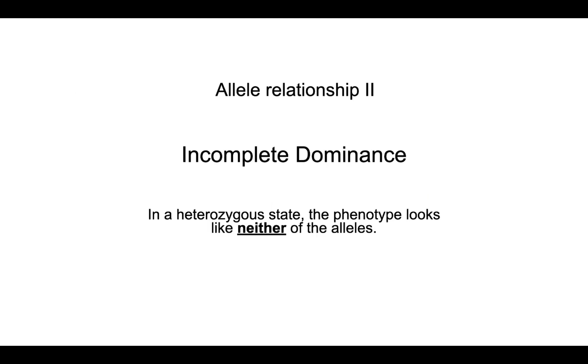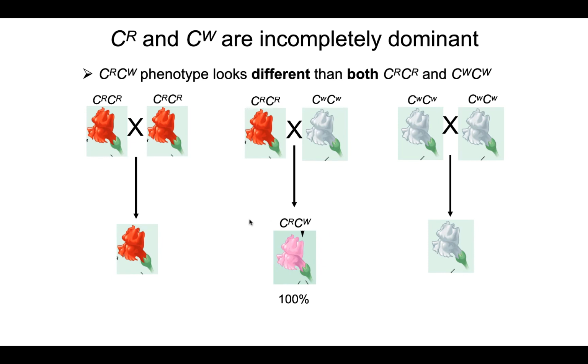All right, now let's look at how things can be a little bit more complicated. In some genes, when you put two different alleles into the same organism, so in that heterozygous state, the phenotype you get doesn't look like either of the two parents. Doesn't look like that from either of the two alleles. So let's take a look. Here we have flowers.